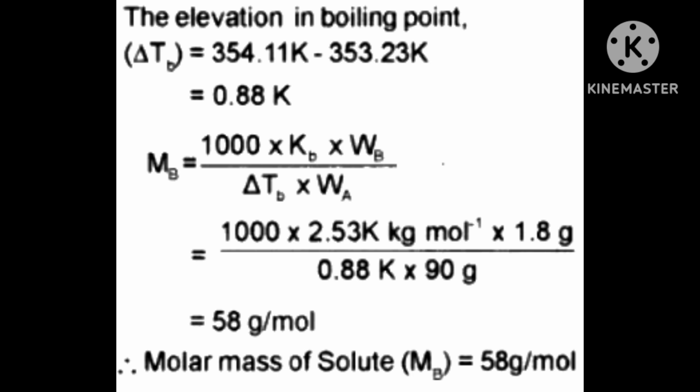With temperature on the x-axis and pressure on the y-axis, upside you write 1 atm and draw a line parallel to the x-axis. Then you give two marks for boiling point, one for the solvent and the other for the solvent in solution, that is, the solution.